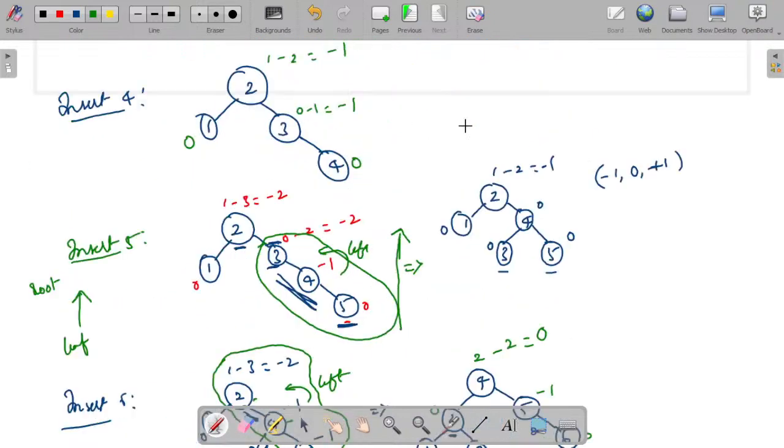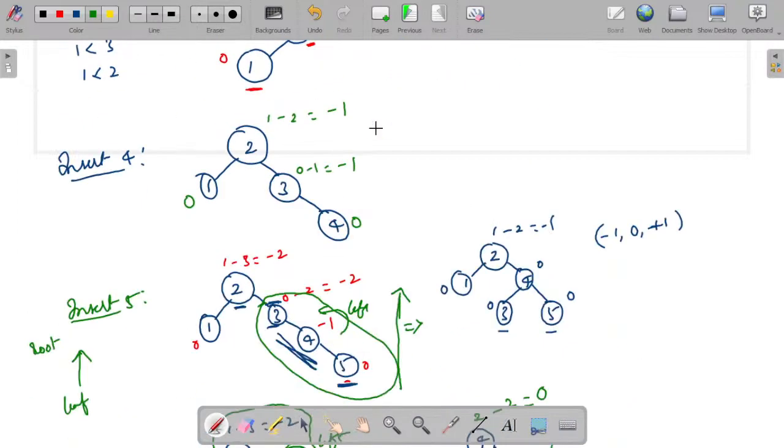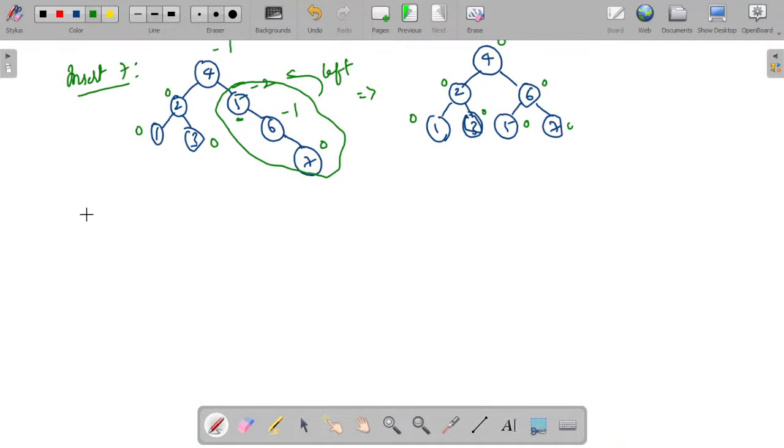Now we will insert the next node, which is 16.